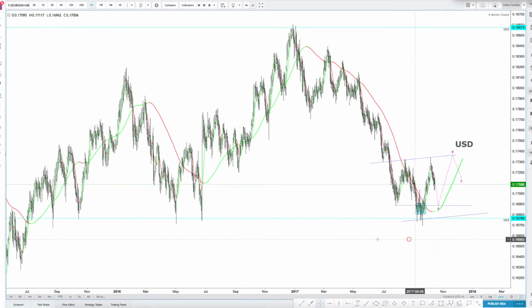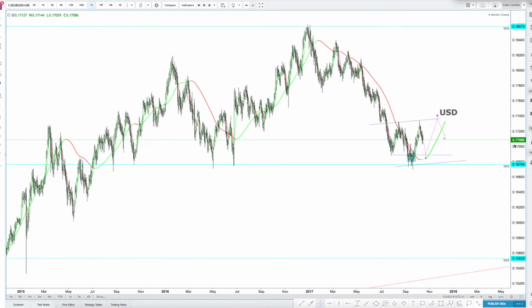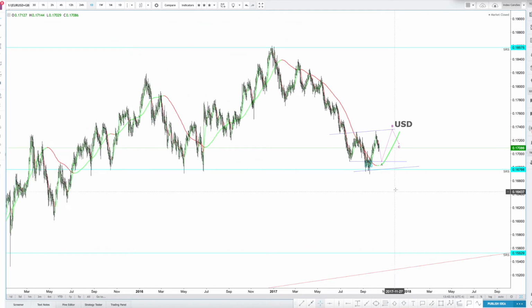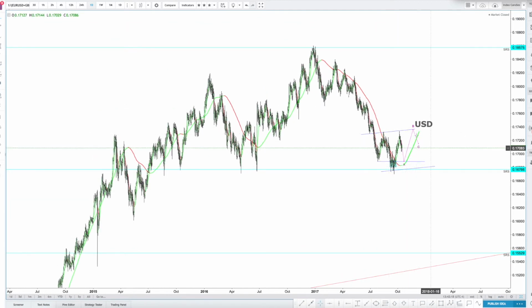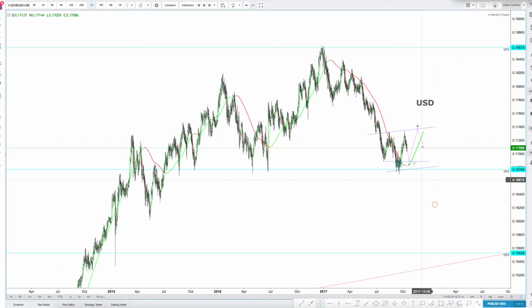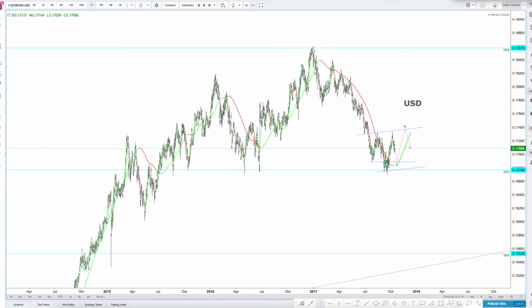So if we're gonna bounce between these two parallel lines, we could see it go lower from here like this, kind of like that.